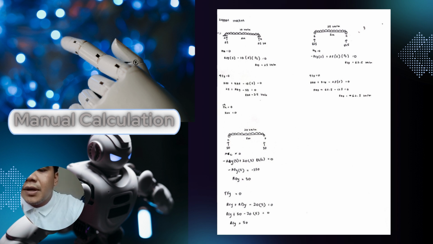So for RCY we get 62.5. For FY, RBY plus RCY minus 25 times 5 equal to 0. So RBY plus 62.5 minus 125, so we got 62.5 kN.